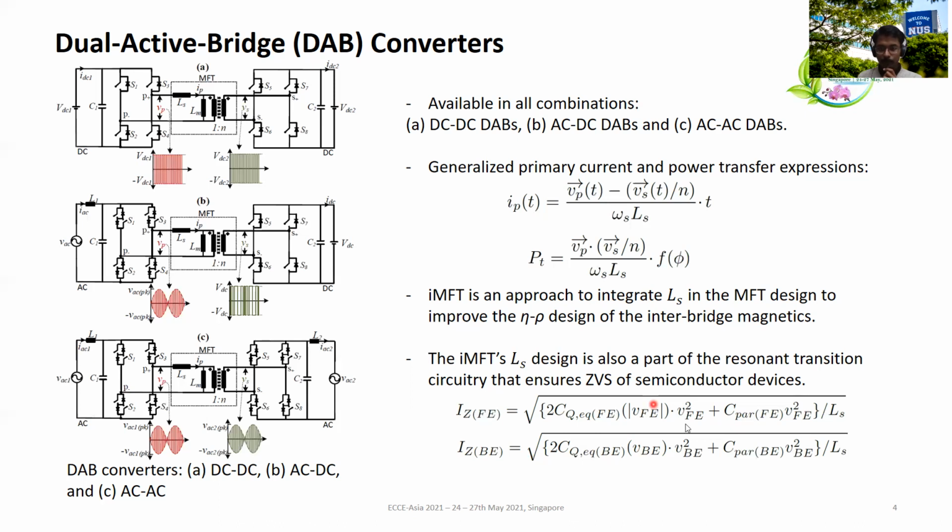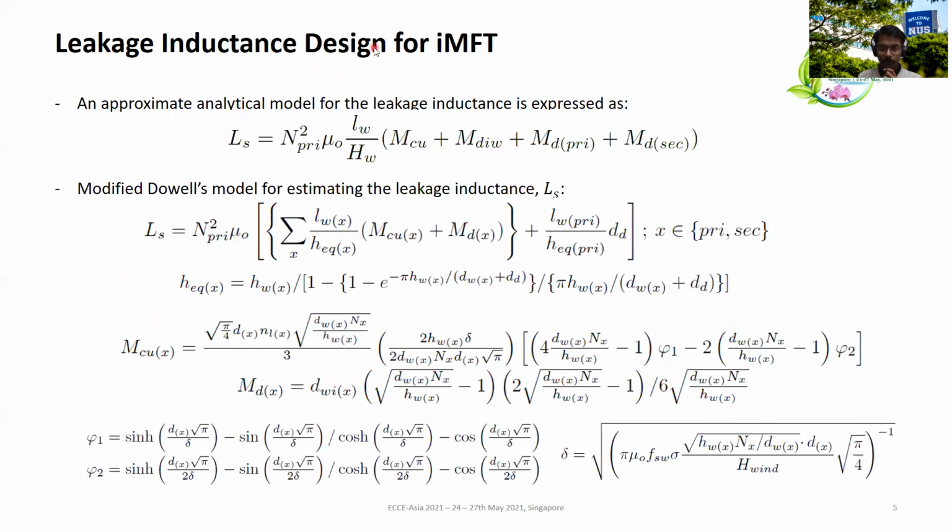You can see here that LS decides the current that could be made available for the ZVS transition. So it is quite important to do the leakage inductance design and modeling for the integrated medium frequency transformer. An approximate analytical model for the leakage inductance is expressed here. It is a summation of a constant factor multiplied by the different leakage magnetic energies.